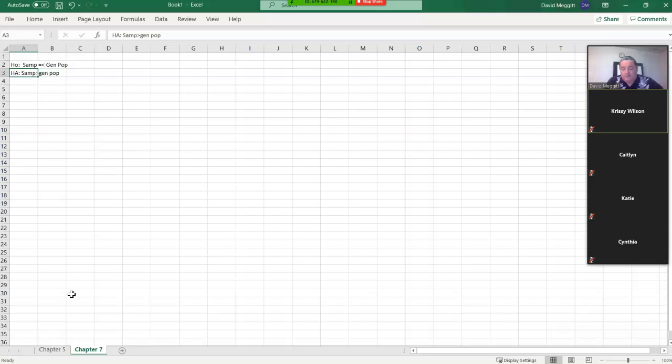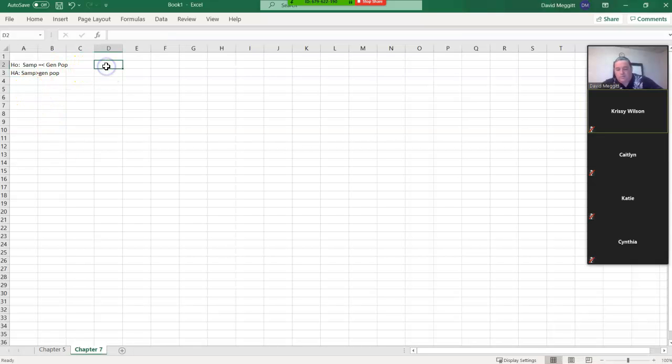Our alternative hypothesis, we want it to be in the blue part there. And this is just very generic. That's what we're trying to do. And the one that I've given you is the directional one.